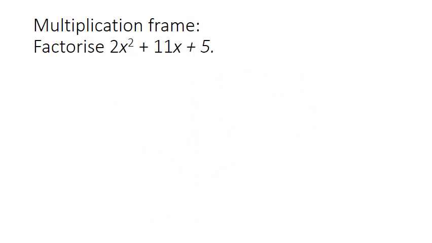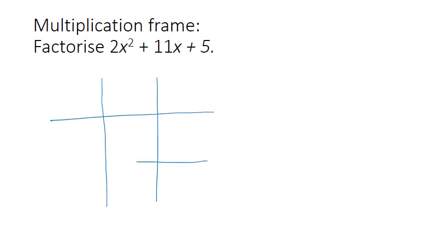Lastly, let's take a look at the second example using the multiplication frame once more. Now, again, we're going to draw this out. And I'm going to put 2x squared and 5.